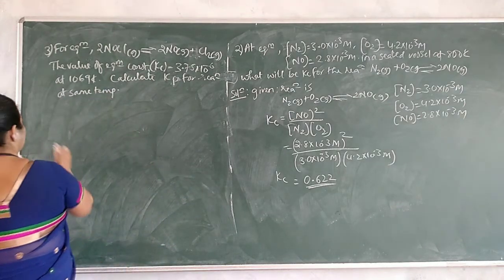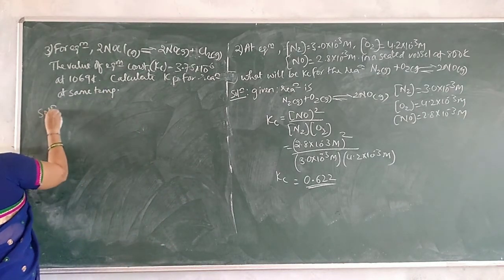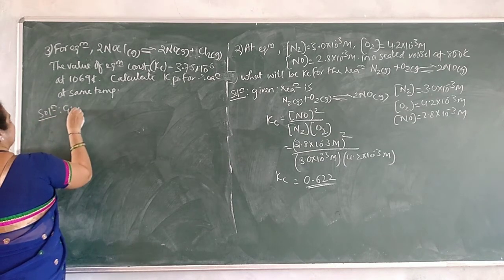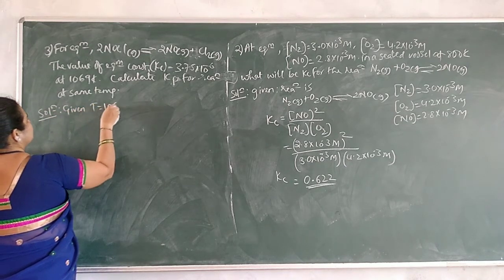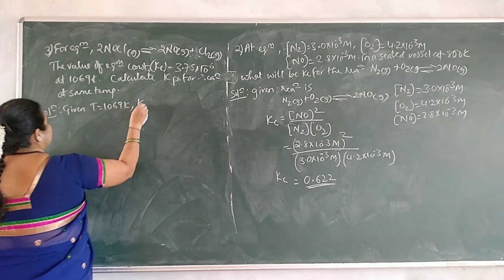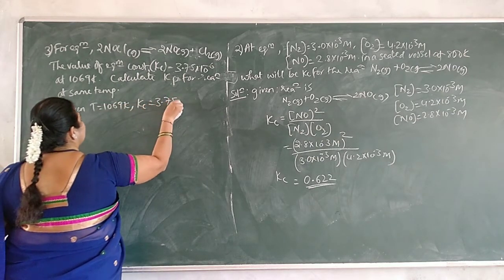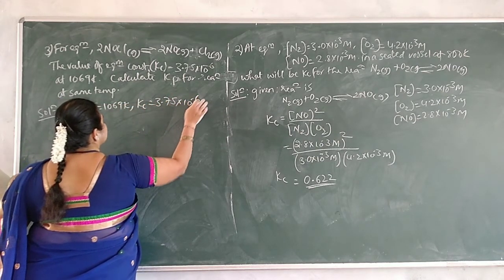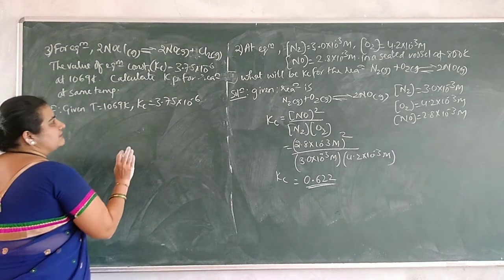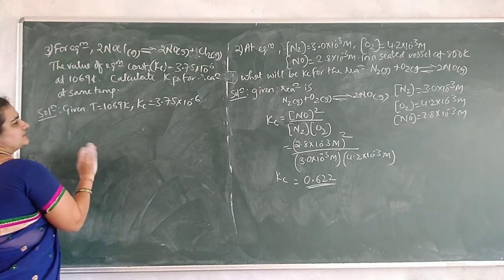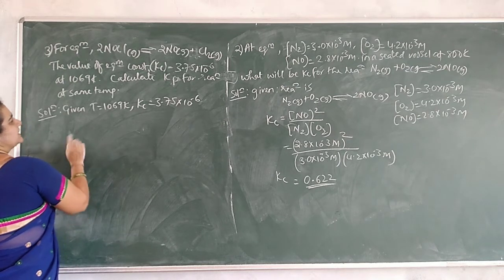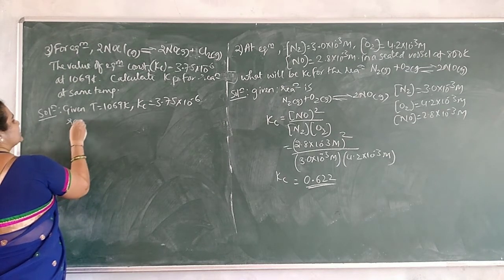So in this problem, solution, first write the given things. Given T is equal to 1069 Kelvin, Kc is equal to 3.75 into 10 raised to minus 6. They are not given the unit for the equilibrium constant, so that Kp is also unitless. Now write the reaction.